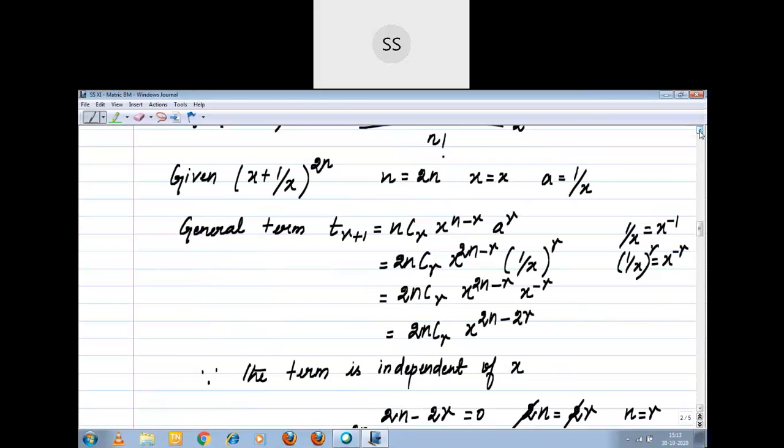Now Tn plus 1 equal to 1 into 3 into 5, etc., 2n minus 1 into 2 to the power n divided by n factorial. Got it, children? Once again, I am going to explain. You have to listen. This sixth question alone I am going to explain.